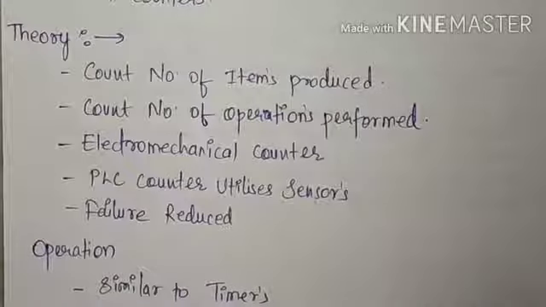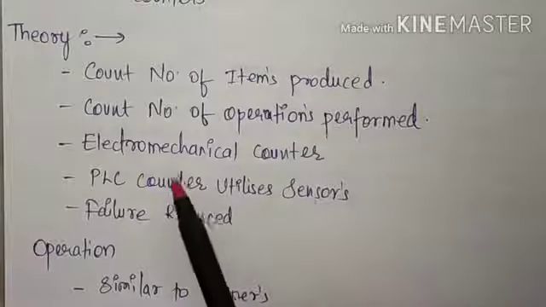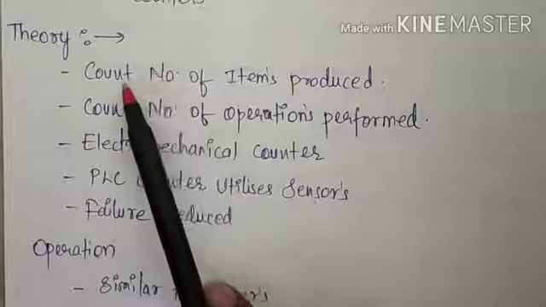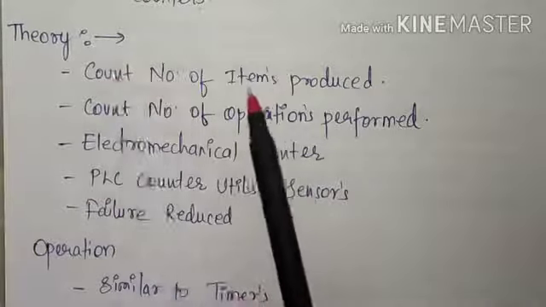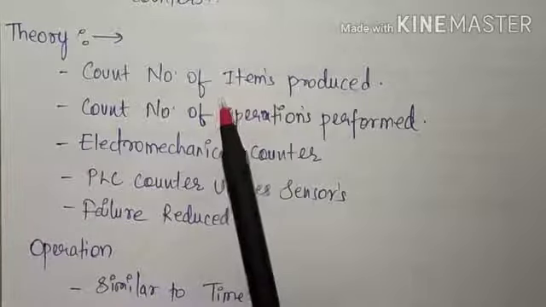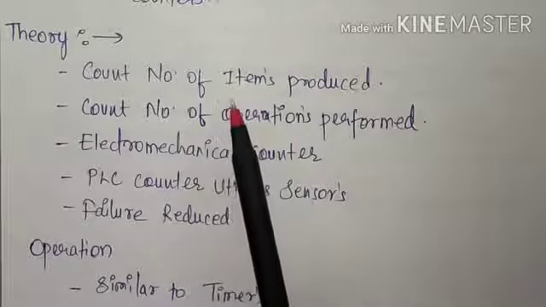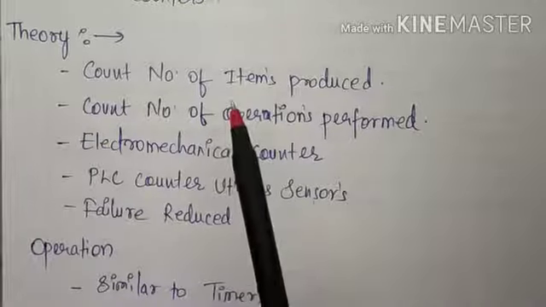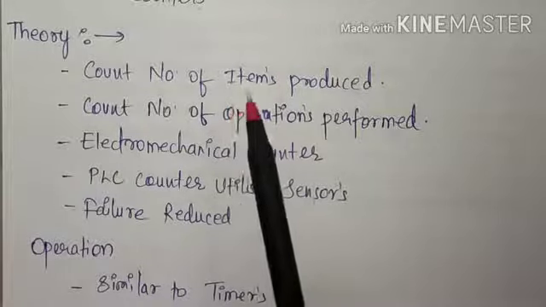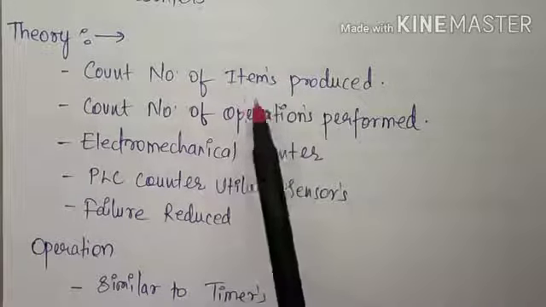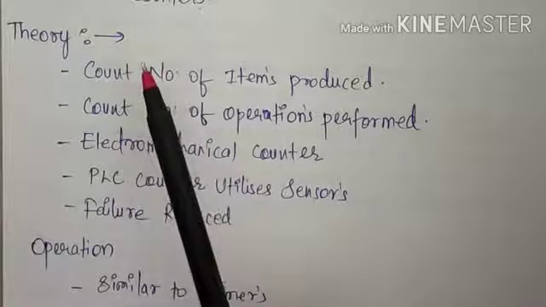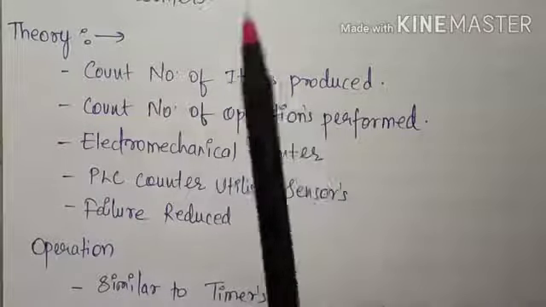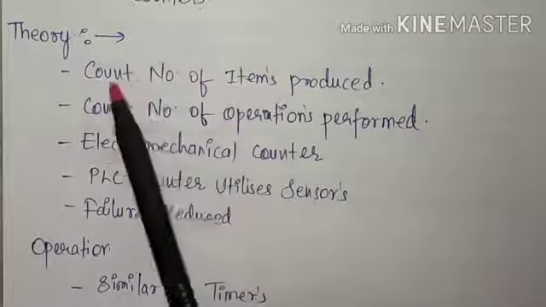The theoretical part: why is a counter used? A counter is used to count the number of items produced. Suppose there is an industry producing mobile phones. How many mobile phones are they producing in a day?